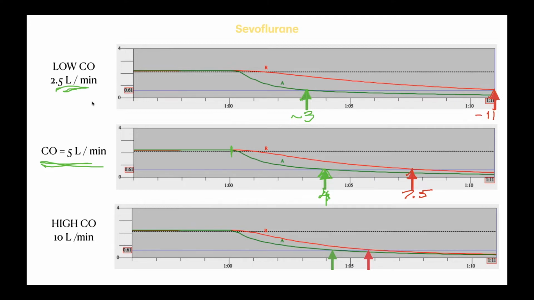And same here with someone with a high cardiac output. The alveolar pressure is actually longer. It takes approximately just over 4 minutes for it to reach the MAC awake. But look at the effect site. The effect site reaches MAC awake just under 6 minutes.